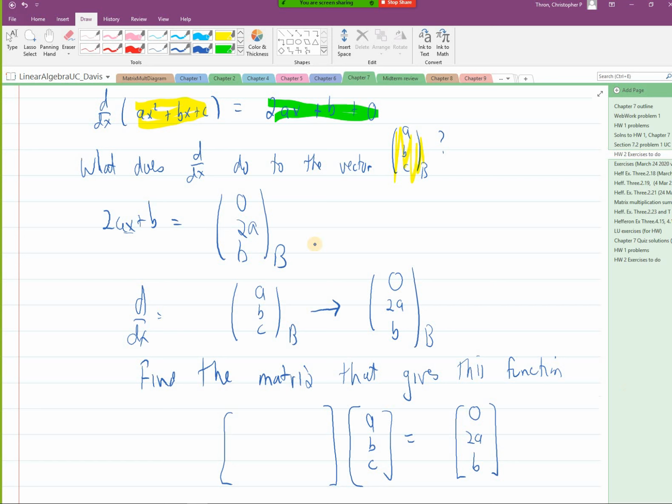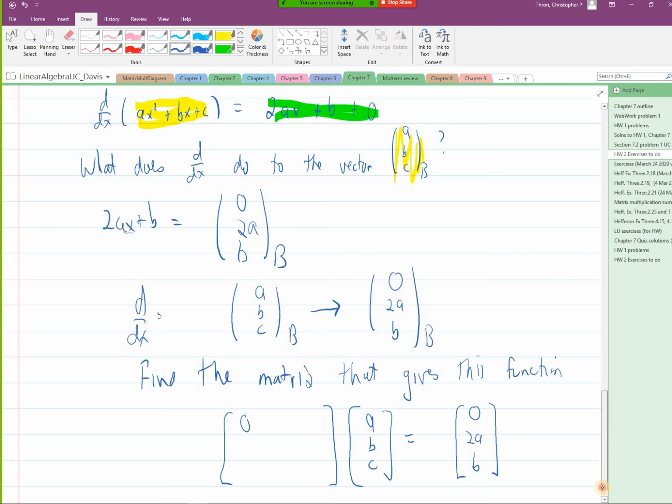Top left is going to be 0. Yes. It's a 3 by 1. Can it be? Well, no, it's not a 3 by 1 because your output.